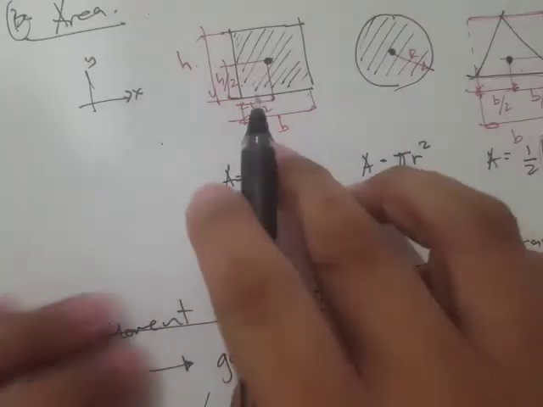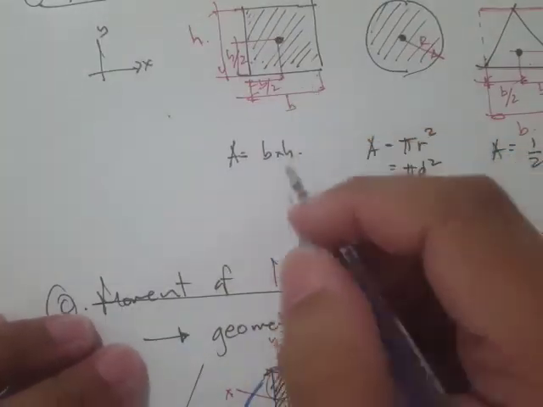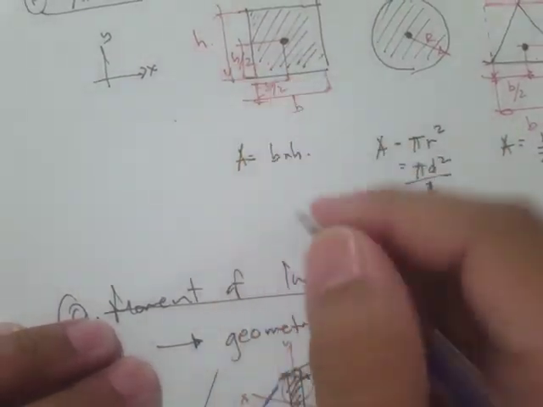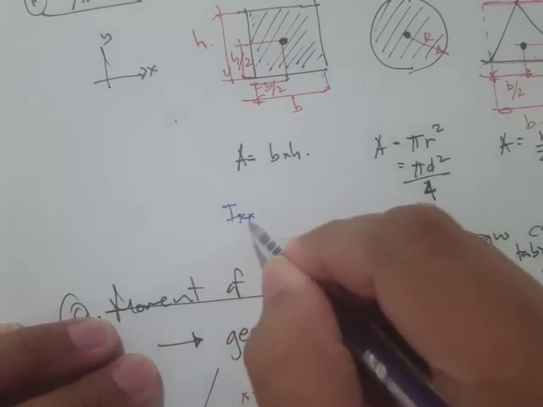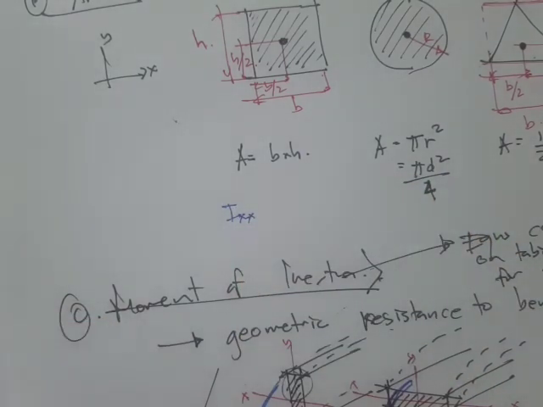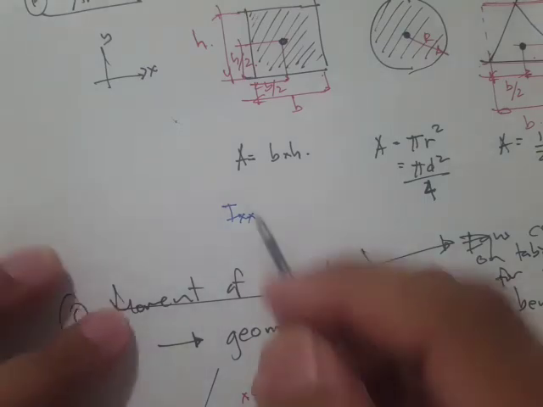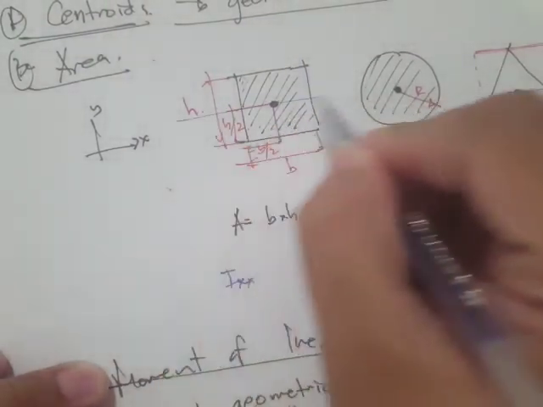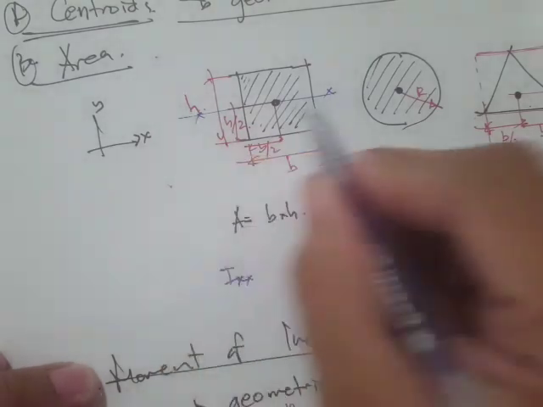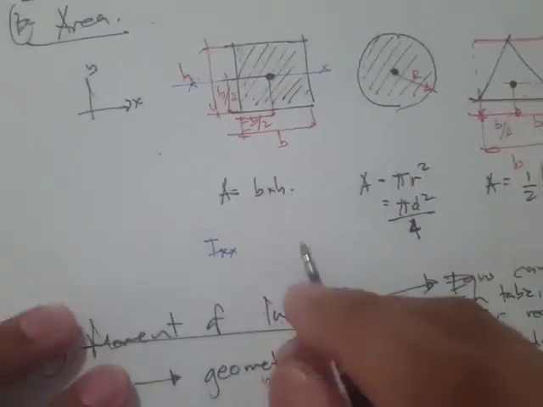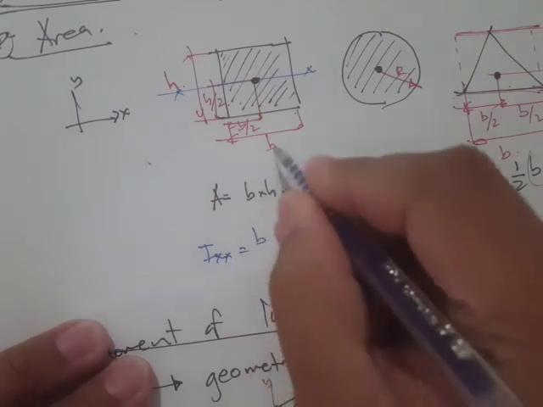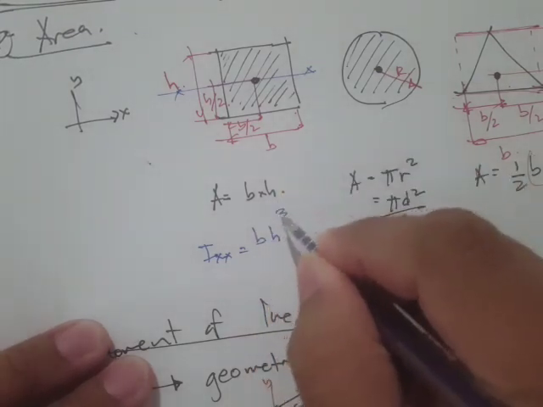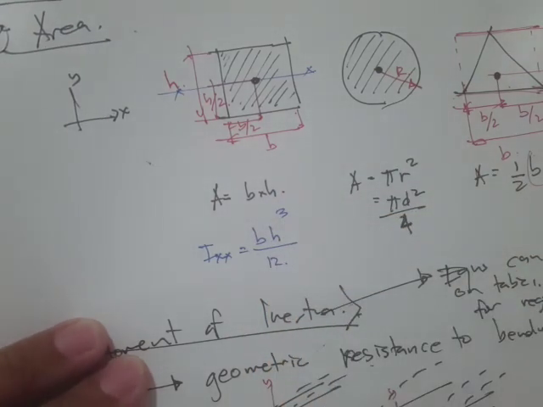For a square or rectangle, if the rotation is along the x-axis, meaning this is our axis of rotation, then the equation would be base times height cubed divided by 12.